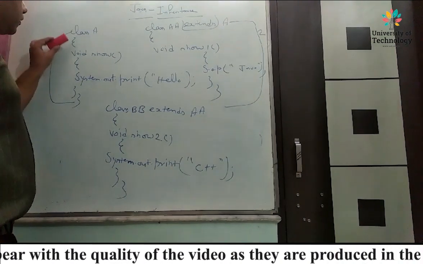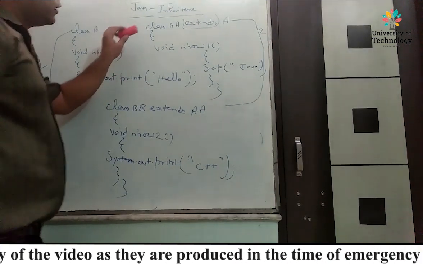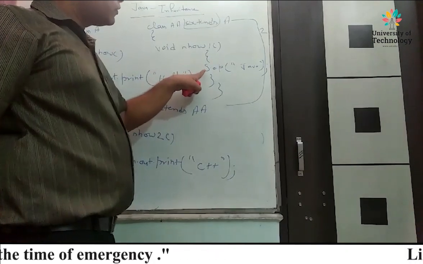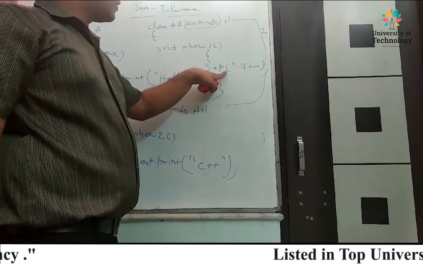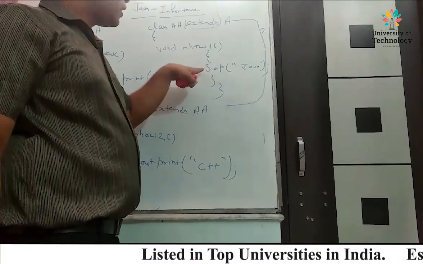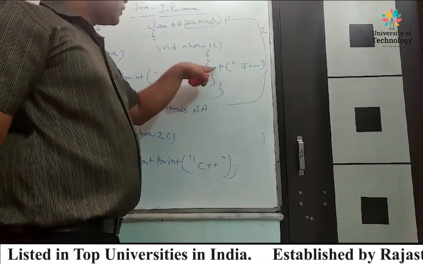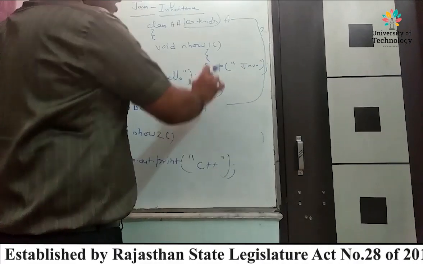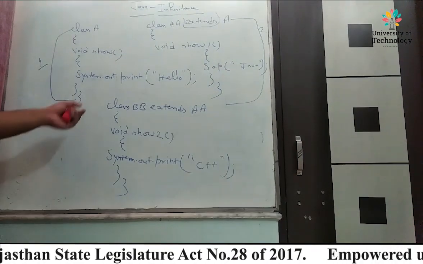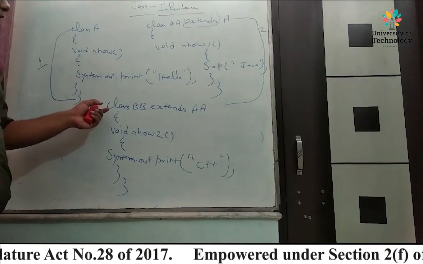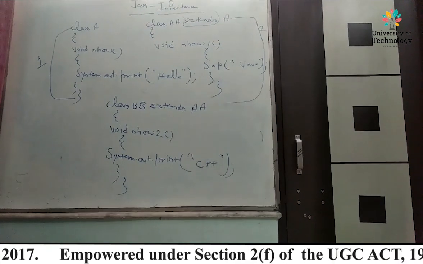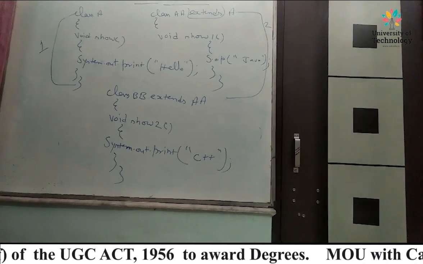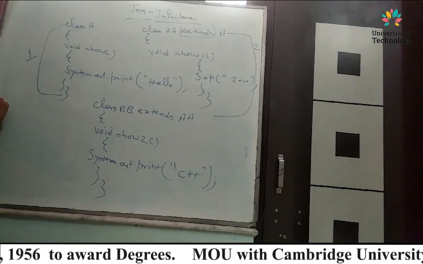This is class A, void show, system.out.print. This is the second class. We have to write the complete form, system.out.print. Because of space I wrote small forms, but we have to write the full form. Next, this is the third class: class BB extends AA, void show2, system.out.print C++.